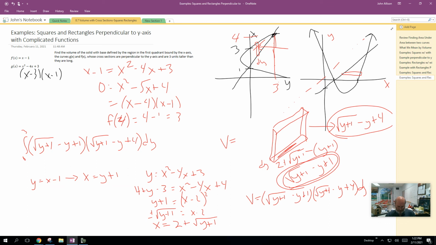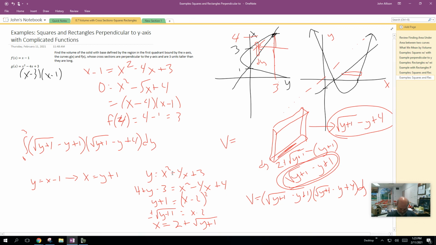Then close parentheses, open parentheses, square root of x plus 1 minus x, and then plus 4. And then close parentheses, and then again, I'm rewriting for the calculator. This is not calculator syntax. This is just the integral we're setting up with respect to y. But if you're going to do this in a calculator, you have to replace all of these variables with x because the calculator won't understand y.